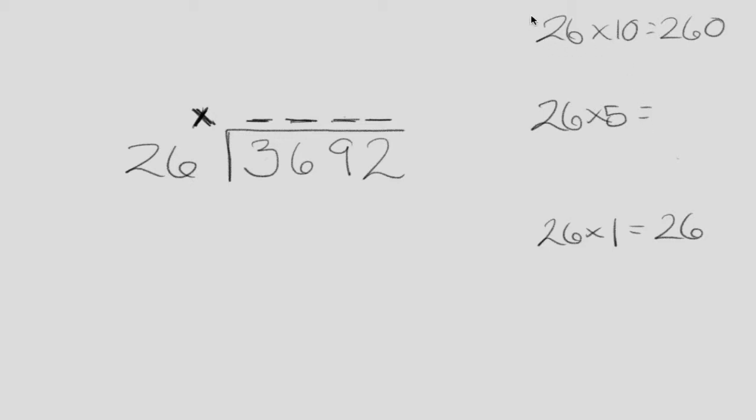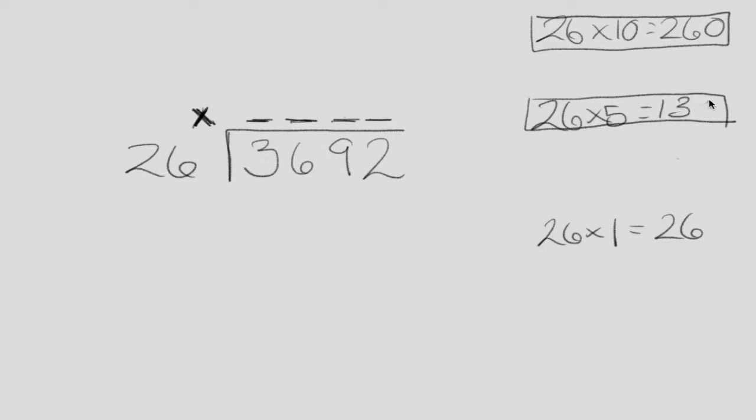Because if this is 10 groups of 26, and you take 5 groups of 26, you're actually taking half of these. So the 5 fact is always half of the 10 fact. Half of 260 is 130. All right. So now you've got 3 of the facts down.